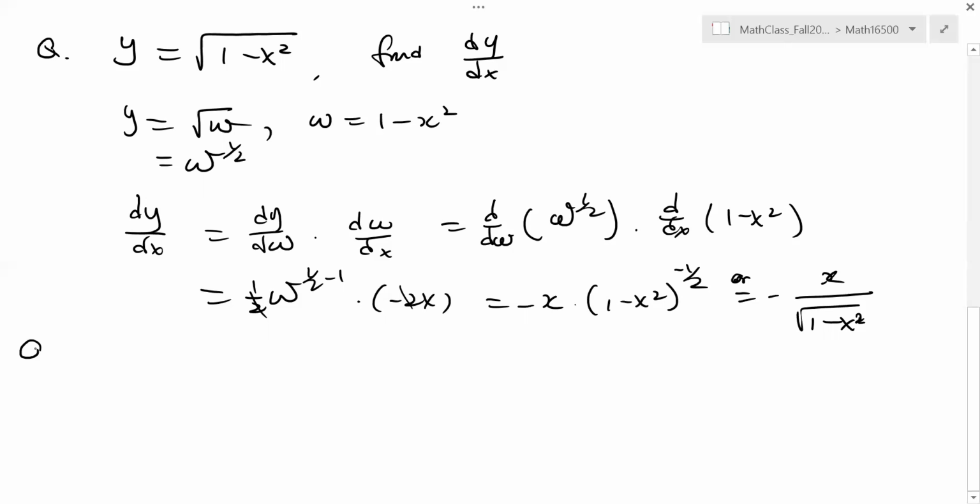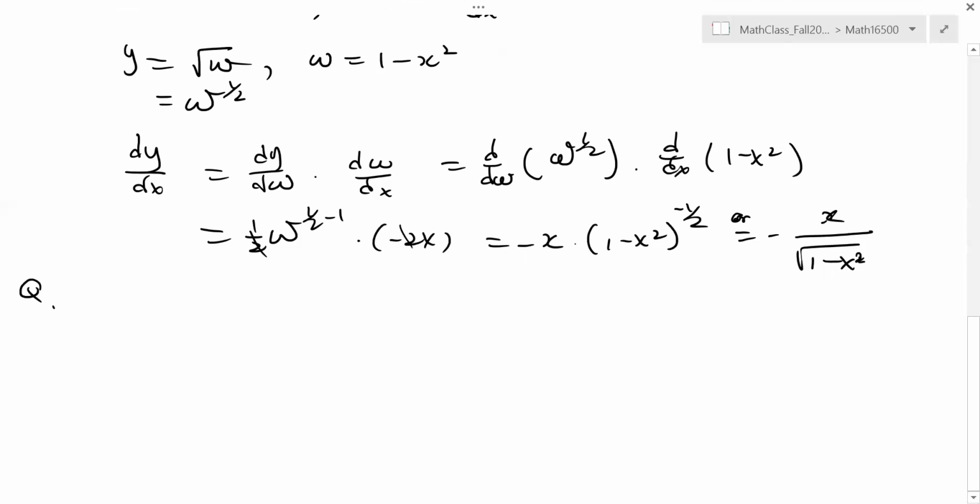Let's do the next problem. Find the derivative of y equals cosine, for example, cosine x, cosine squared, right?